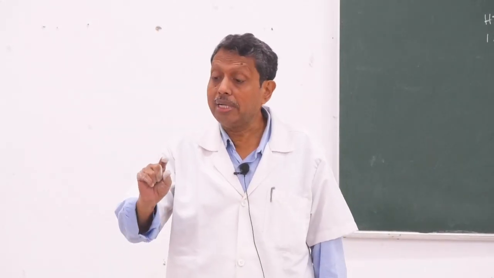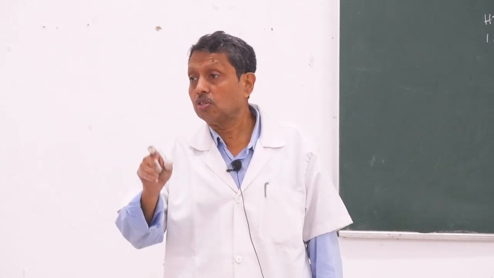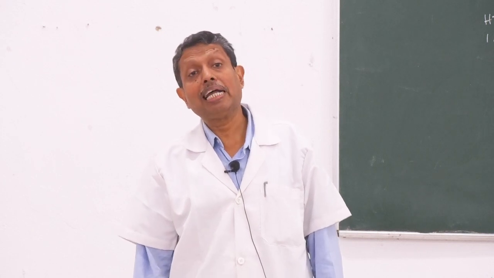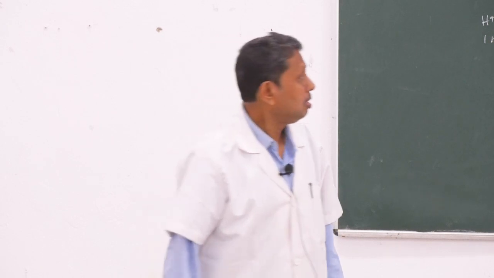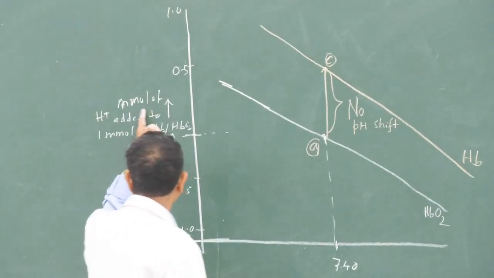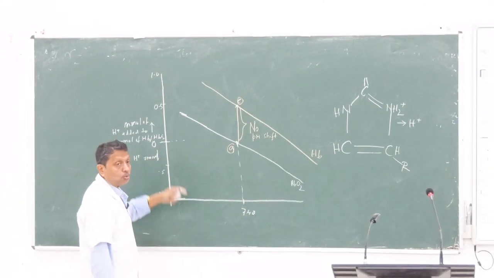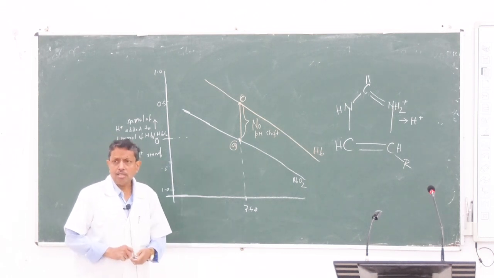And of hemoglobin and deoxyhemoglobin, deoxyhemoglobin is a weaker acid. So it will dissociate less and it is a better buffer than oxyhemoglobin. For this reason there is no pH shift whenever millimoles of hydrogen ion are added to millimoles of Hb or HbO2. Clear? So it can mop up almost all the hydrogen ion.